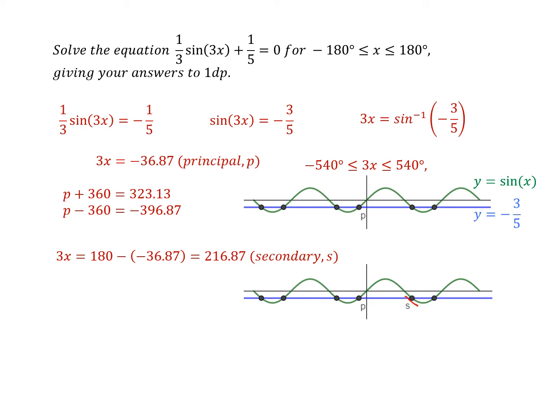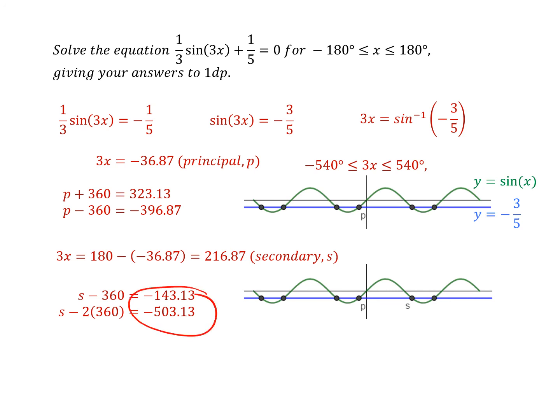So this one's on the downward slope here, and we can use that one to find the other 2 solutions which are on the downward slope, and we do that by subtracting 360 to get to this one, and then another 360 to get to the final one here.